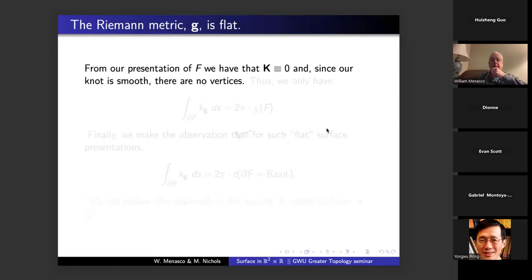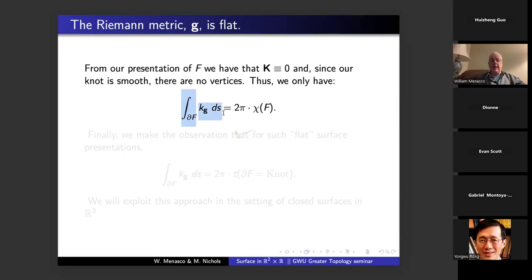It's flat. So based upon that presentation of the surface, and the fact that the knot is smooth, there are no vertices. So this Gauss-Bonnet reduces to no vertices, and the Gaussian curvature is 0. So you just have this line integral here.